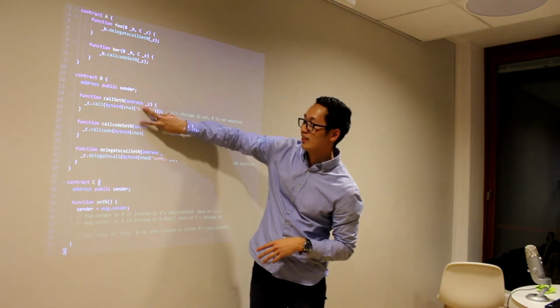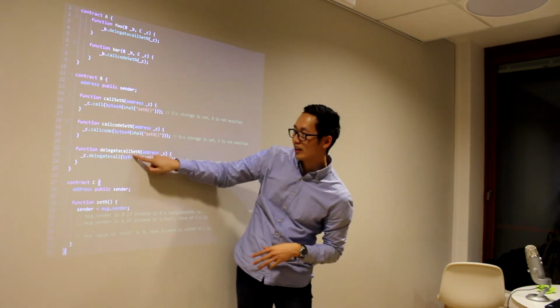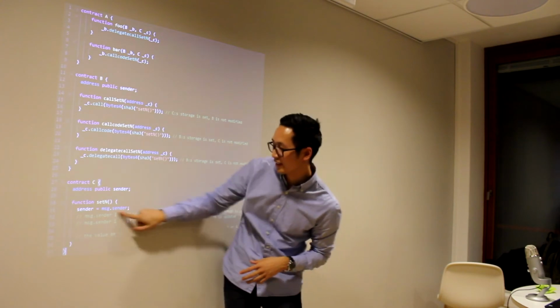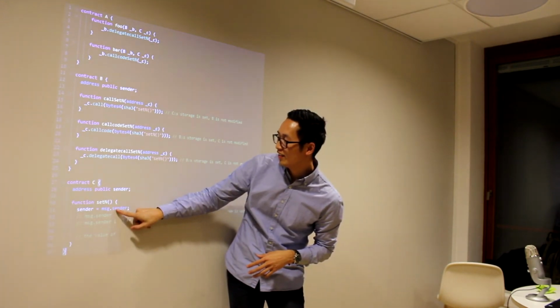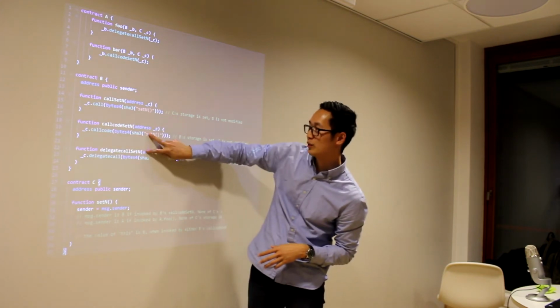So there's a difference between these two. If you do a delegatecall here, it will call this setN, and it will reference the B contract. So these two will do the same.